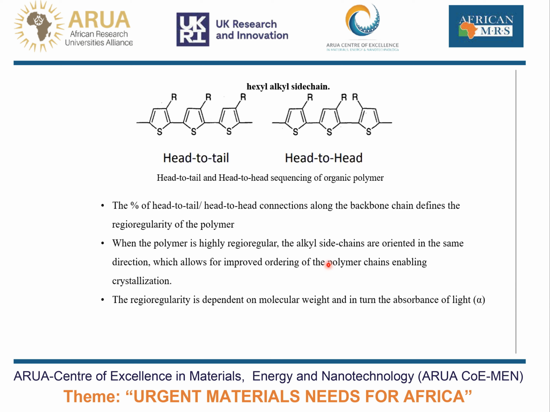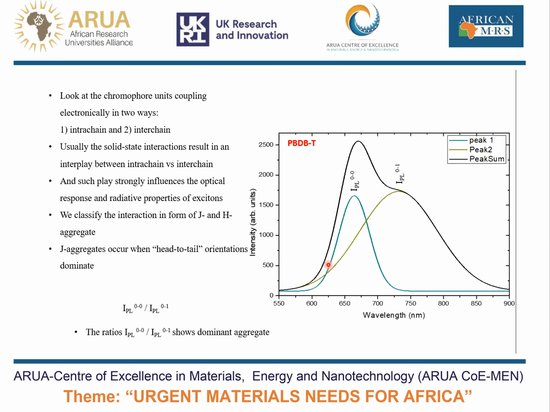And of course, we can quantify them using photoluminescence studies. In photoluminescence, you have two peaks. If you look at the first vibronic peak and the second vibronic peak, the ratio will tell you which orientation is dominant. If you have, let's say, head to tail, then you can classify it as a J aggregate.